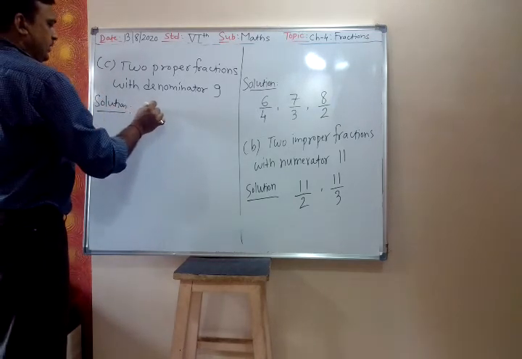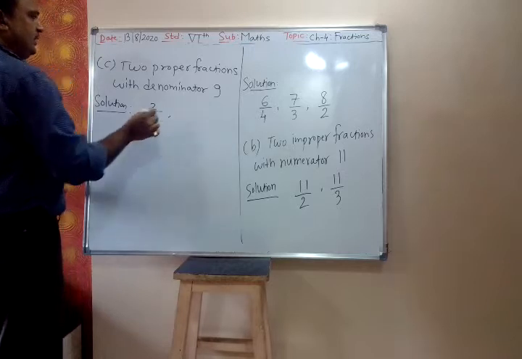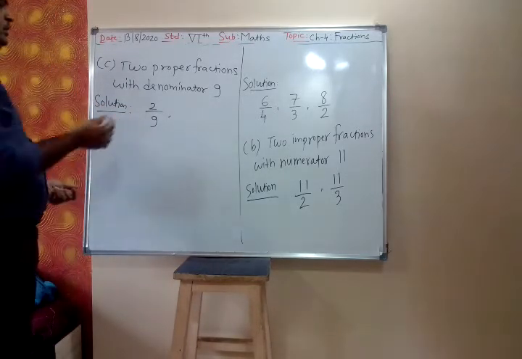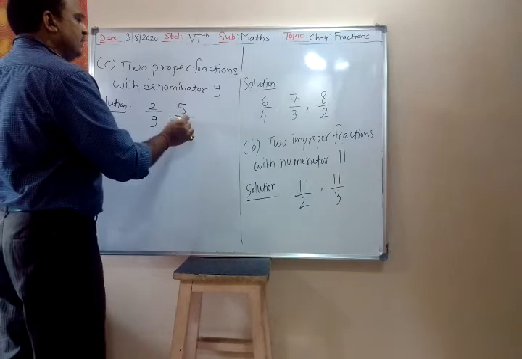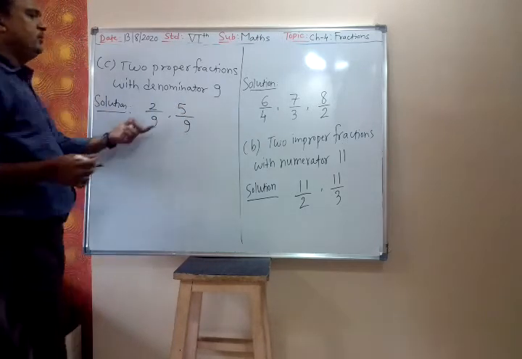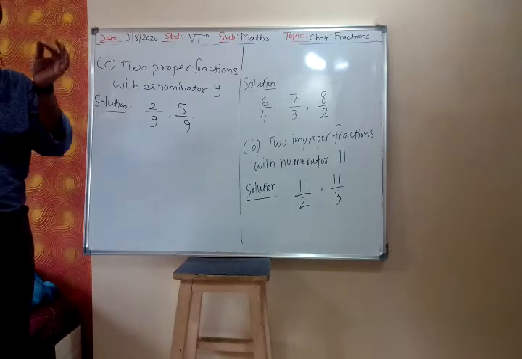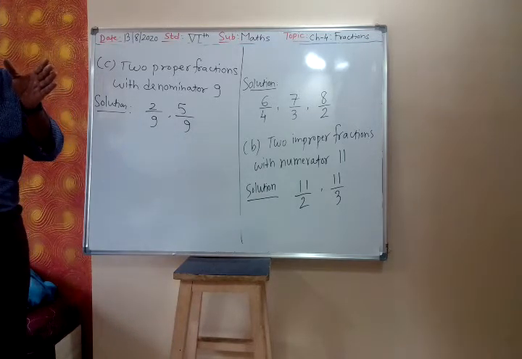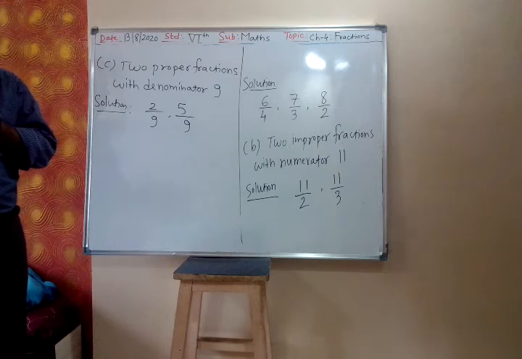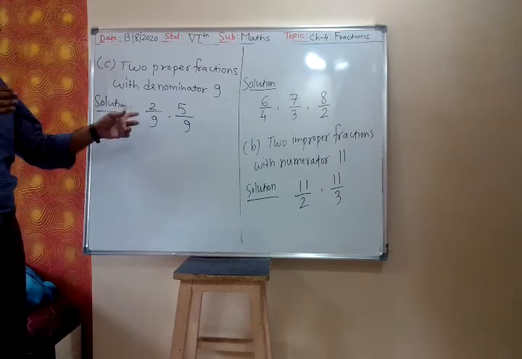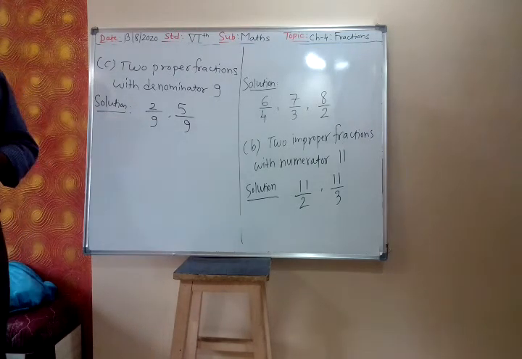We can take 2 upon 9. Denominator is bigger, so they are proper fractions. You can take 5 upon 9. Only 2 are asked, so 2 are enough. You can also take 3 upon 9 or 8 upon 9. Proper means denominator is bigger than numerator, and second, denominator must be 9. Both conditions must be satisfied.